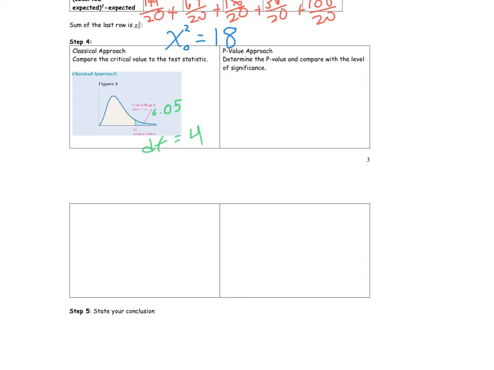So find 0.05 on the top row, 4 on the left column, and if you match it up, our critical value is equal to 9.488. So that's this value right here. And then what about our test statistic, 18?